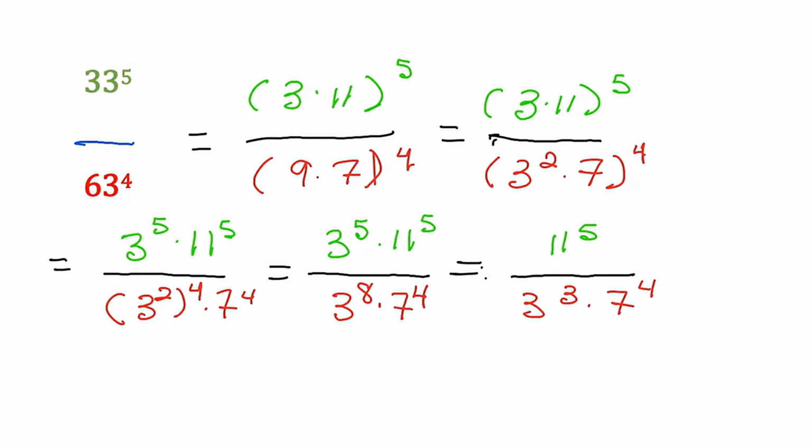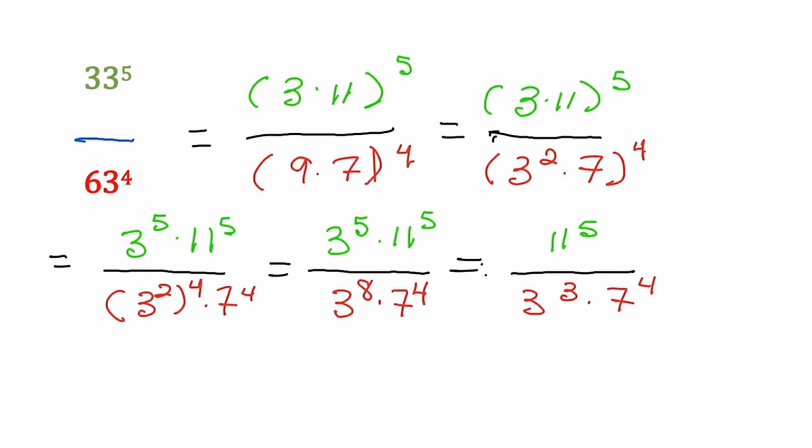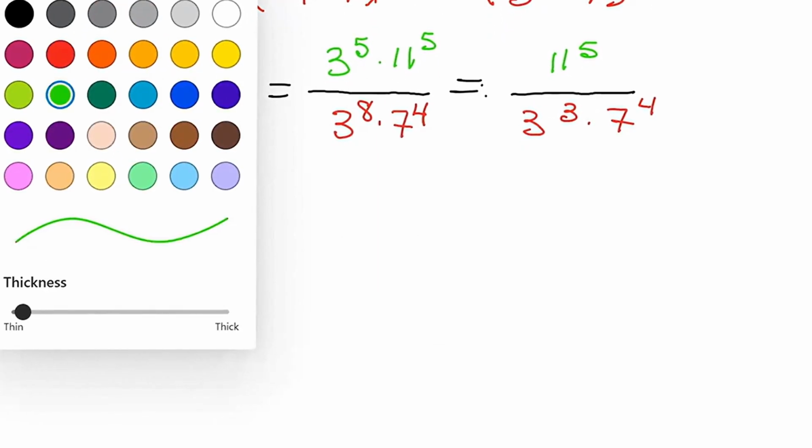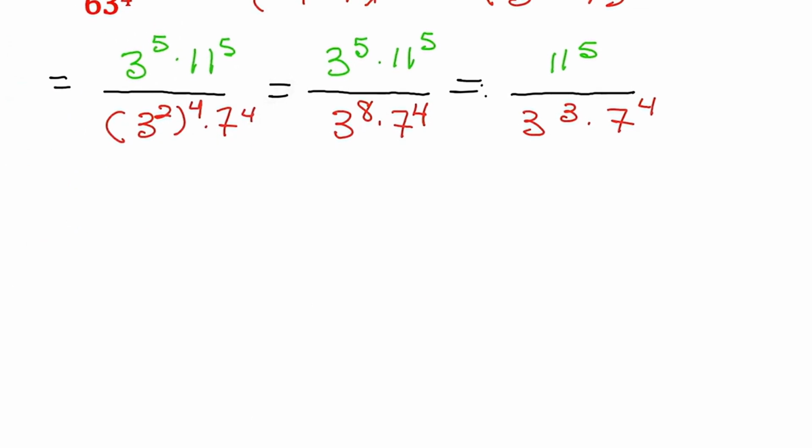Again, there's nothing particularly slick about this approach, but I am going to use the binomial theorem to compute 11 to the fifth. So let me scroll down a little bit here. 11 to the fifth power. 11 is 10 plus 1, and I've got all that raised to the fifth power.